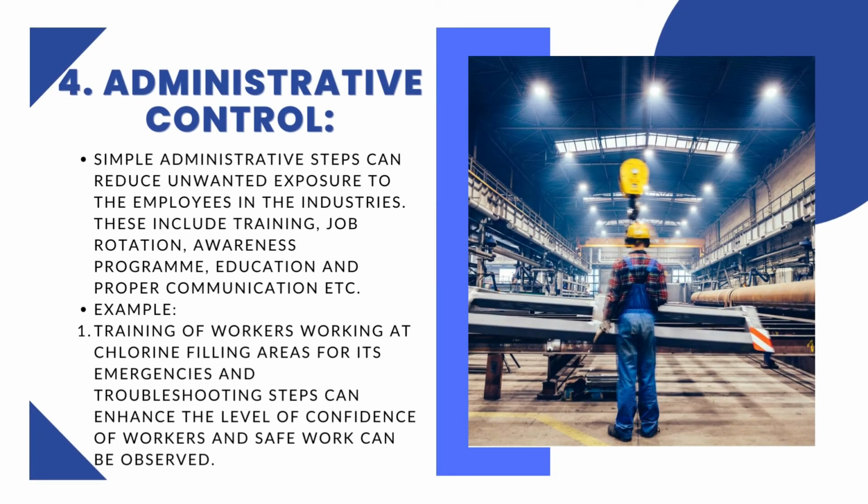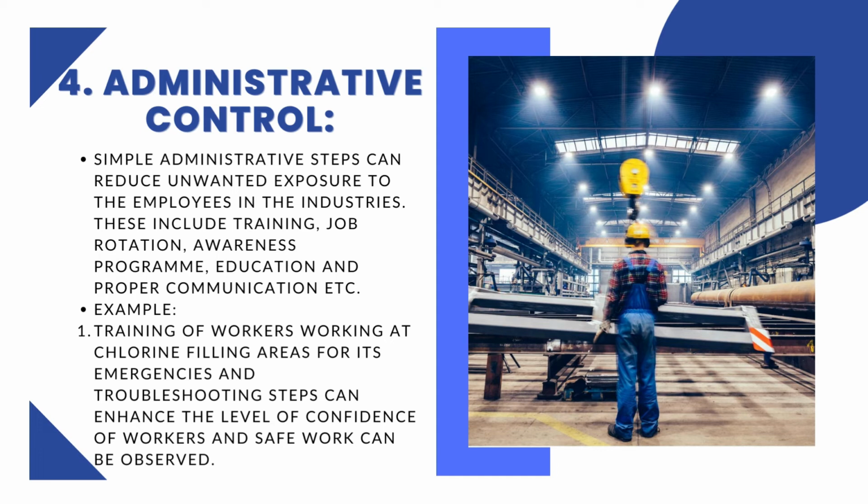Now another method to control the hazard is administrative control. In administrative control, simple administrative steps can reduce unwanted exposure of the employees in the industry. This includes training, job rotation, awareness programs, education, and proper communication. An example of administrative control is that training should be provided to workers working at the chlorine filling areas for emergencies and troubleshooting steps, which can enhance the confidence of the worker and create a safe work environment.